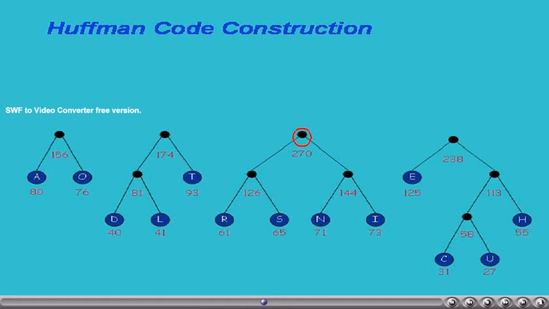The internal nodes with the frequencies 126 and 144 are added. The new node with the frequency 270 is formed. Now the internal nodes with the frequencies 156 and 174 are added, giving a new internal node with frequency 330.